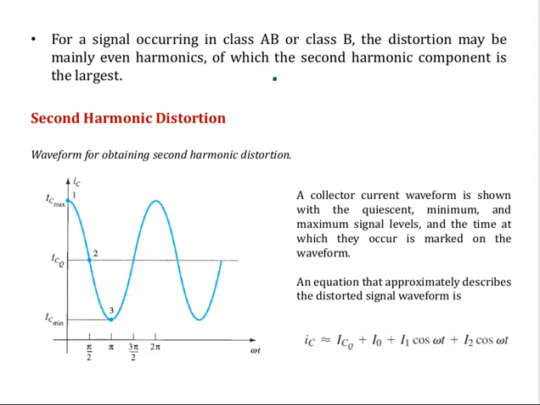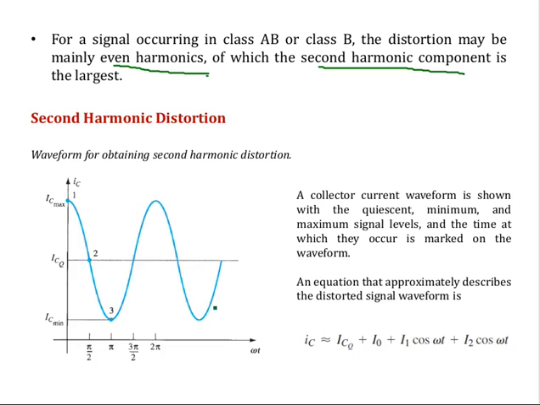Now for the signal occurring in class AB or class B, the distortion may mainly be because of the even harmonics, of which the second harmonic component is the largest. So we have a method to determine the second harmonic component. For that we are considering a waveform. The variation of IC is observed here.